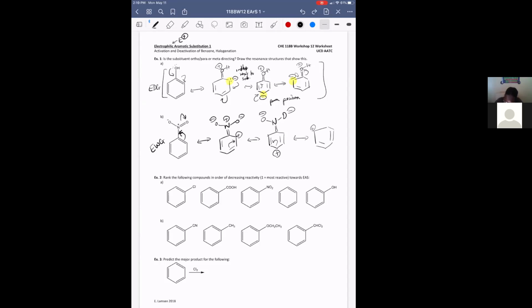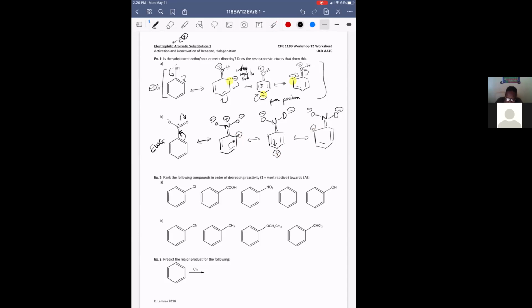We push electrons here, and this allows us to put a positive formal charge on the nitrogen and a negative formal charge on the oxygen. So these would be the resonance forms for our electron withdrawing group, and you can see that now we have positively charged carbons at our para and ortho positions.